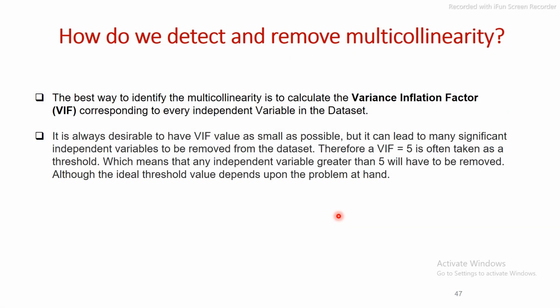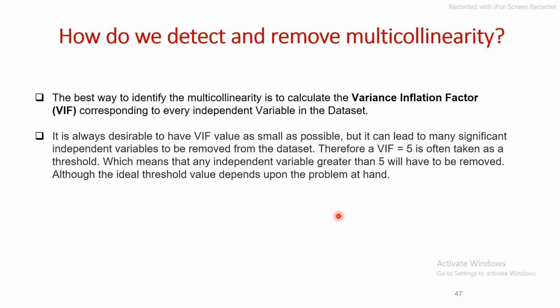How do we detect and remove multicollinearity? There is a term called variance inflation factor, VIF, corresponding to each and every independent variable in the data set. It is always desirable to have a VIF value as small as possible, but that can lead to many significant independent variables being removed from the data set.